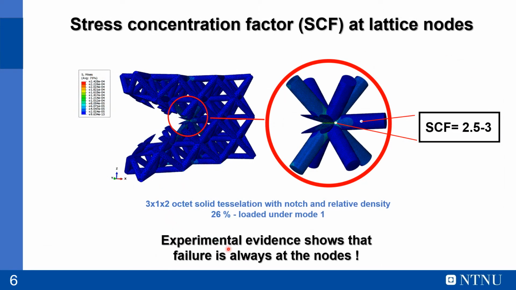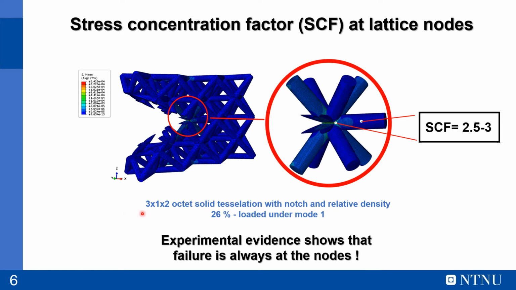Another interesting fact is that the stress concentration factor at the lattice nodes is responsible for the failure at the lattice nodes. In fact, experimental evidence shows us that failure is always at the nodes.